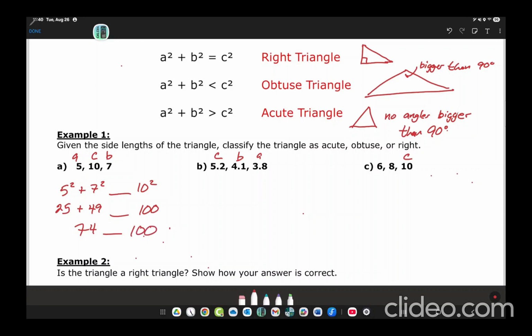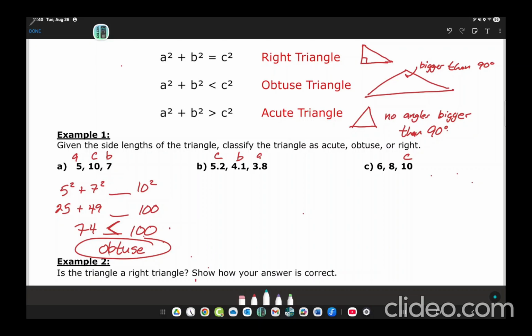So, 74 is less than 100. So, what kind of triangle do we have? Since c squared is the biggest, obtuse. c will always be bigger, but c squared will be bigger here.